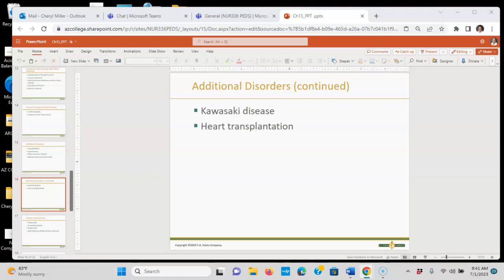So they might have captopril or enalapril to relax the coronary arteries. And then after arterial switch procedure or a balloon procedure, they are also going to see the cardiologist, but also the neurologist because of the brain being affected.